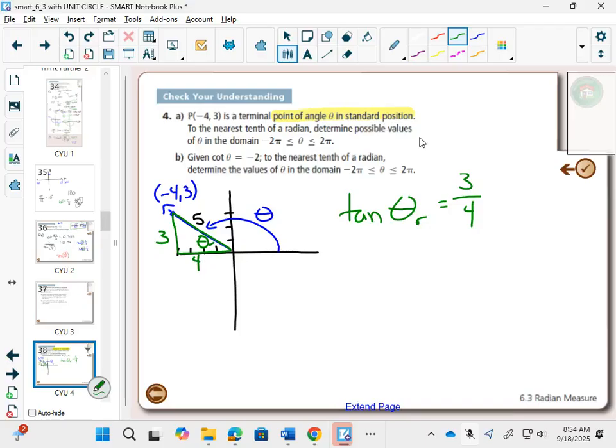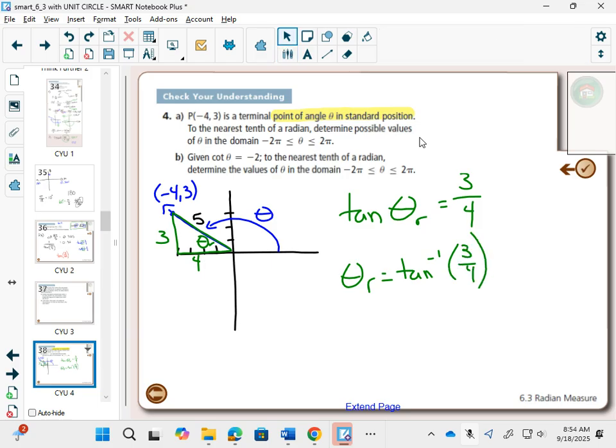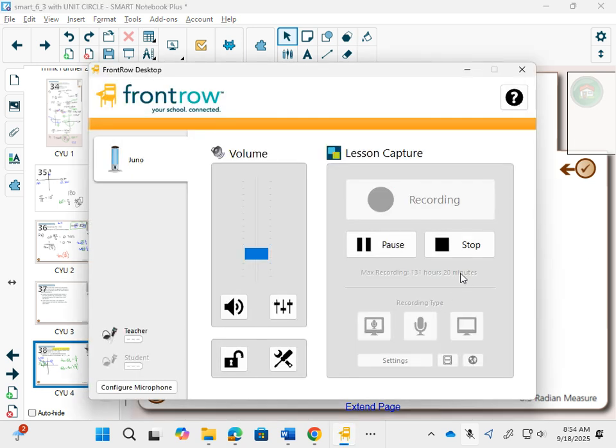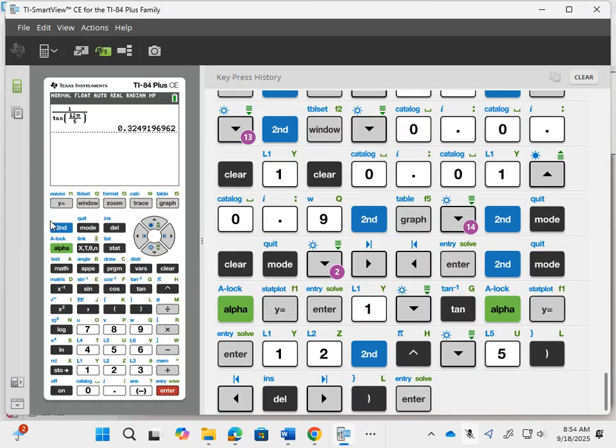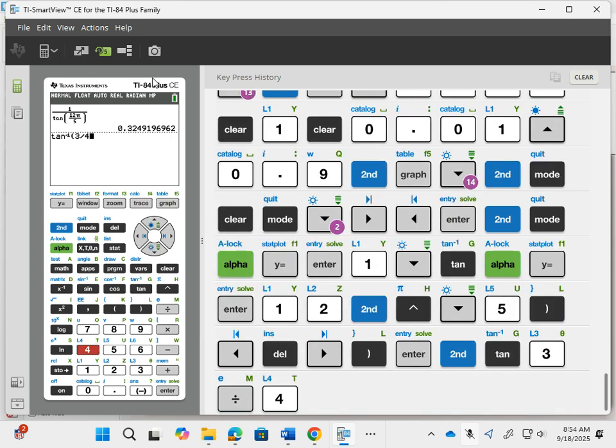Then I can find my reference angle by going to my calculator and doing tan inverse of 3 over 4. Do that right now. And I make sure again that my calculator is in radians, because this question was asking in radians.